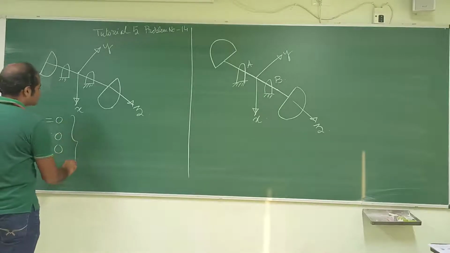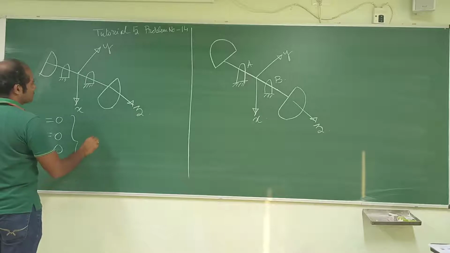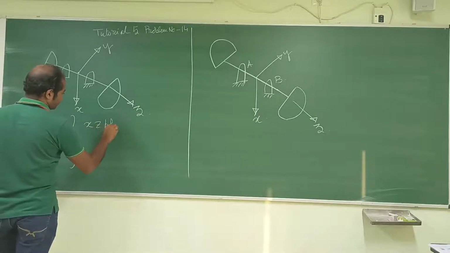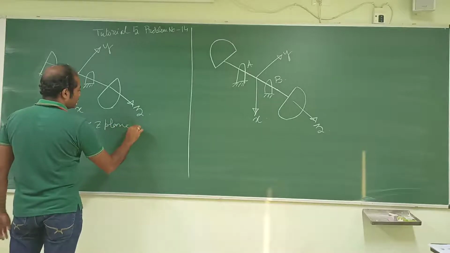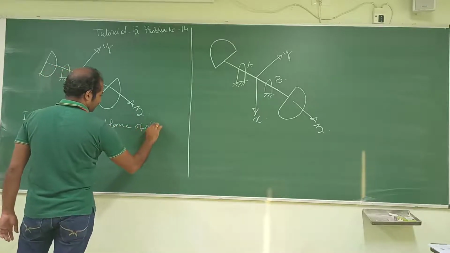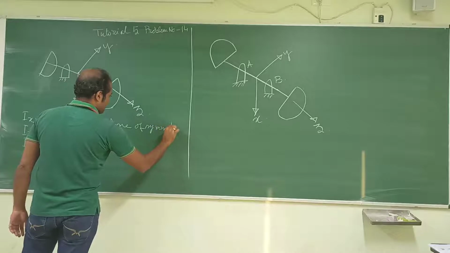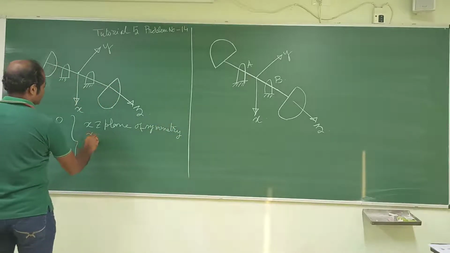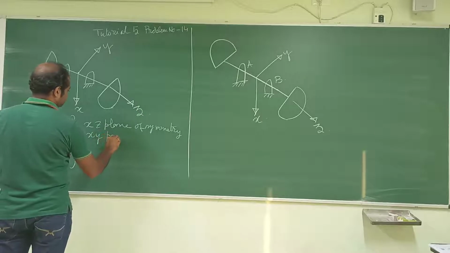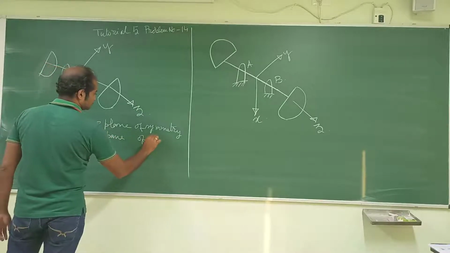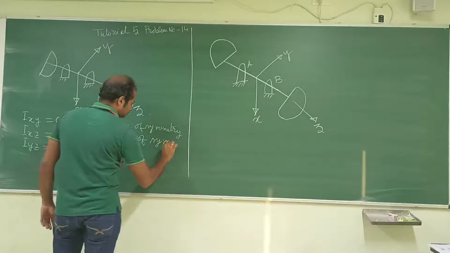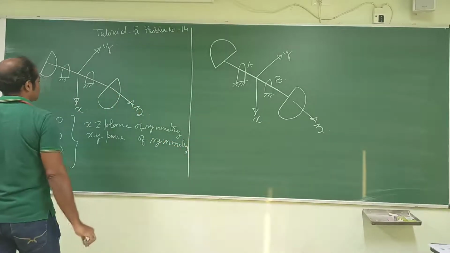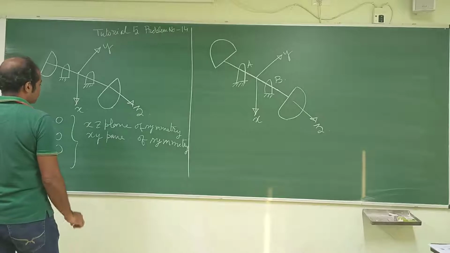Now the planes of symmetry, let me write. The planes of symmetry I got are the xz plane of symmetry, and the xy plane of symmetry. Now what else? What other plane of symmetry is there?